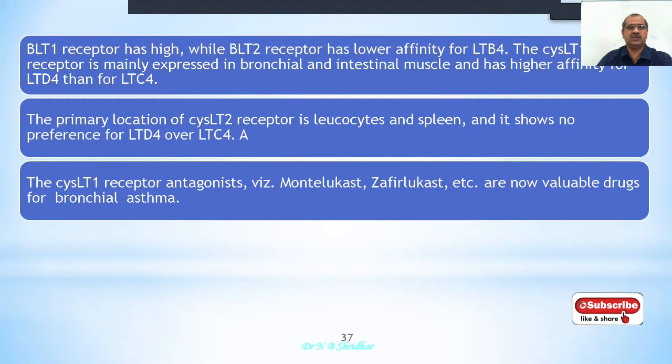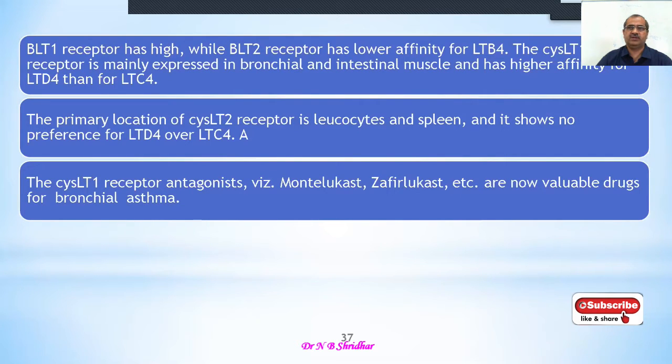The BLT1 receptor has high affinity, whereas the BLT2 receptor has lower affinity towards LTB4, whereas the cysteinyl LT1 receptor is mainly expressed in bronchial and intestinal muscle and has affinity for LTD4 and LTC4.